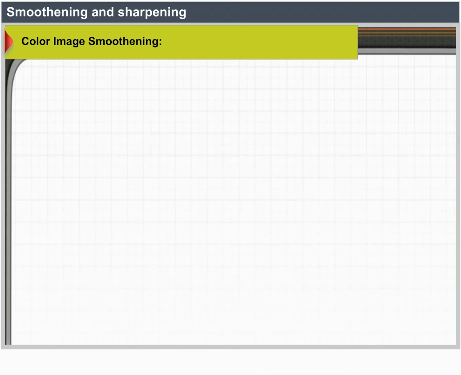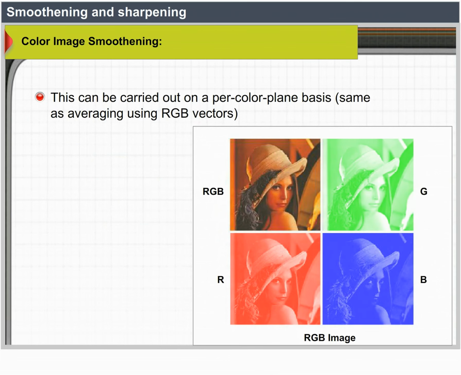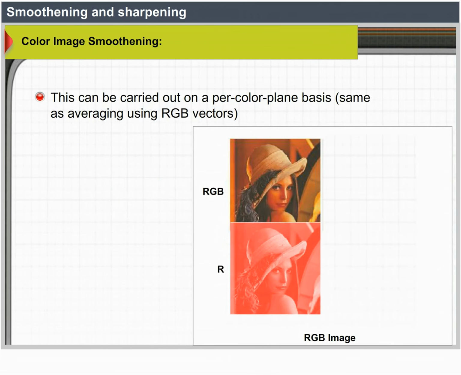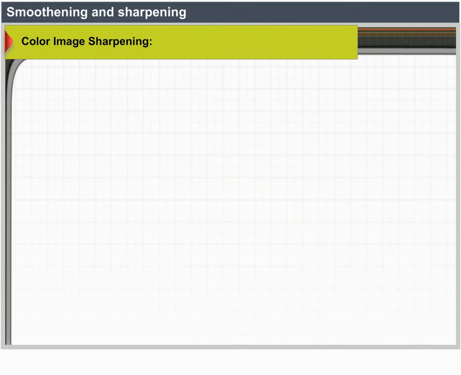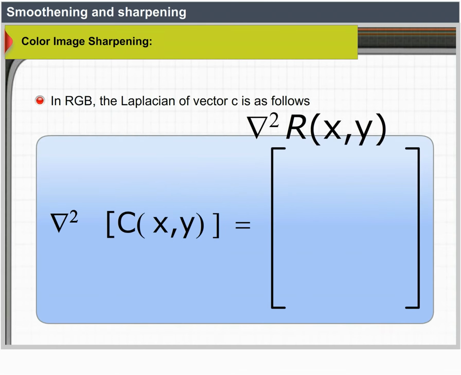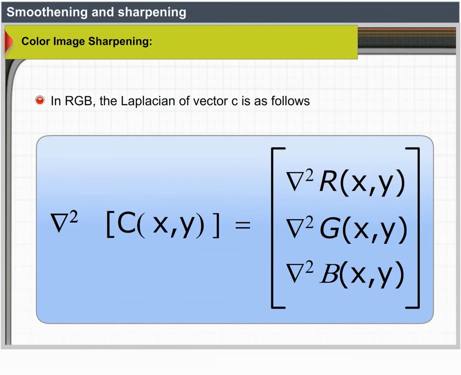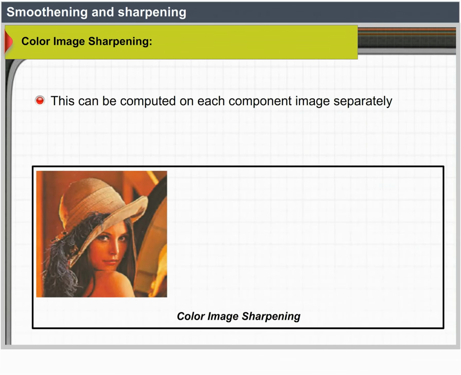This can be carried out on a per color plane basis, the same as averaging using RGB vectors. Color image sharpening: in RGB, the Laplacian of vector c is as shown on the screen. This can be computed on each component image separately.